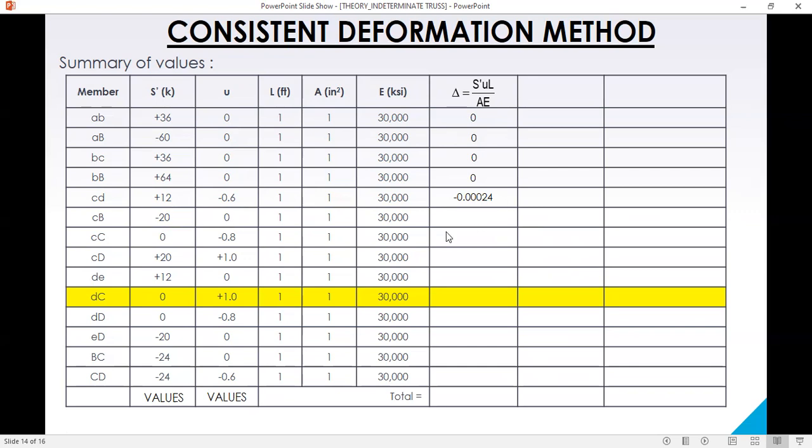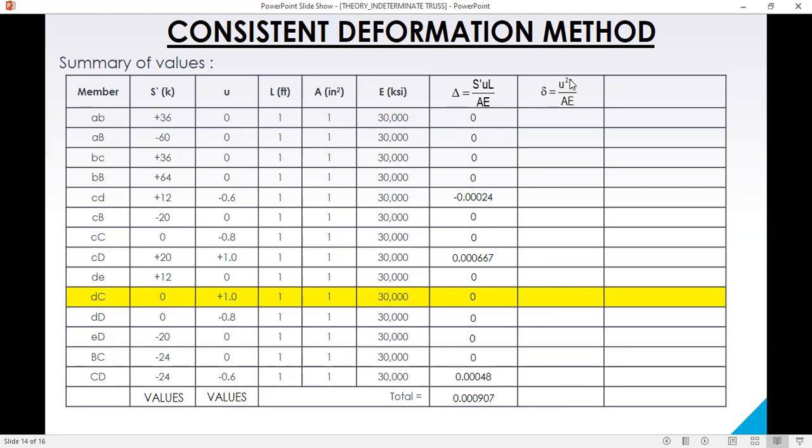U 0, S prime 0, so 0, okay, 20 times 1, L over E, U 0, so 0, S prime 0, and this one. So, next is add, and then this is the total.